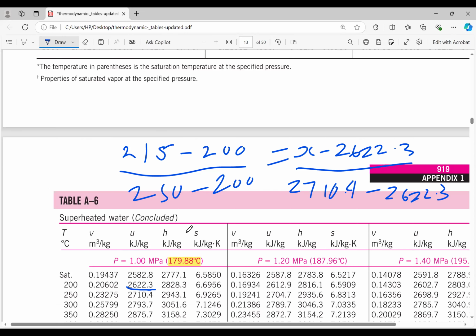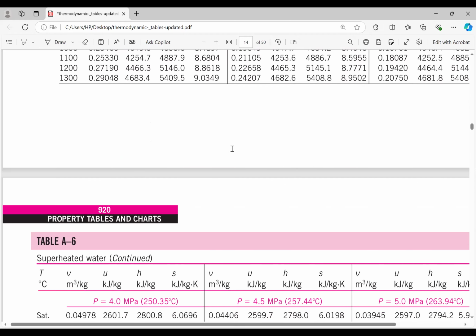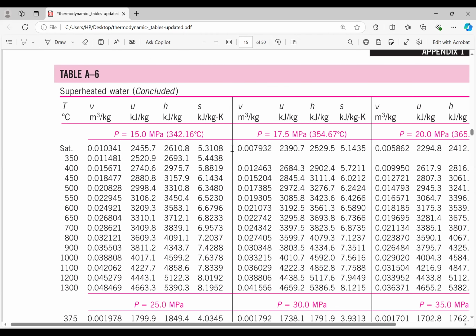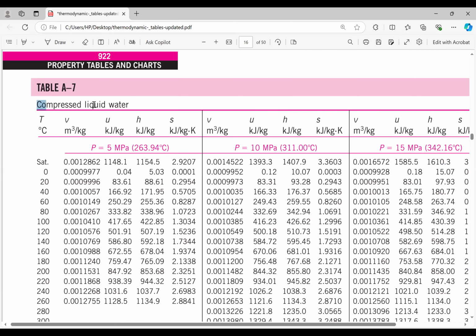So if we should come back to our table, so this is all superheated, but we have a point where we can get compressed water. So we can see that in the heading here. So now realize that at 5 megapascal, the saturation temperature was 263. It means that at 5 megapascal, we need the temperature to be 263 before the water can even start becoming a vapor.